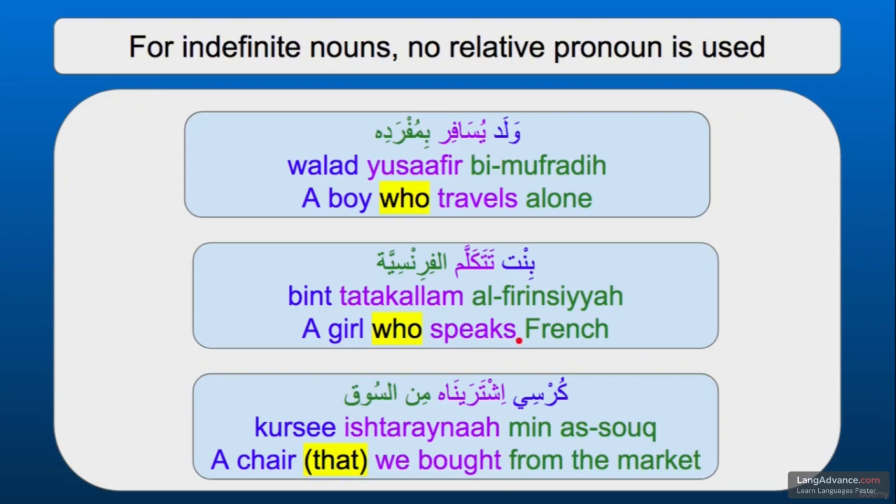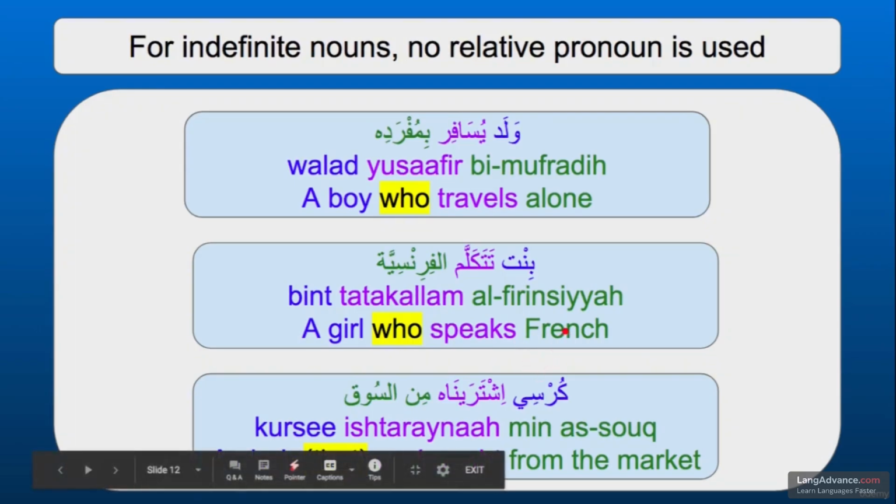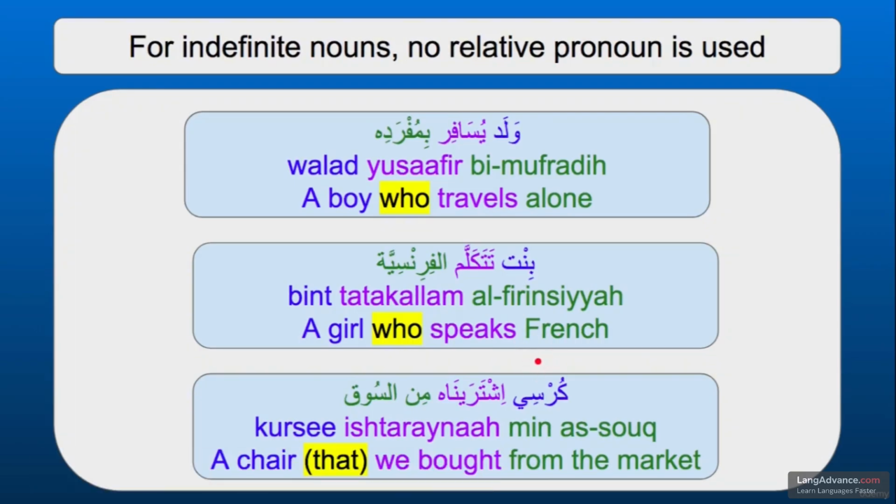And then we have an example for كرسي اشتريناه من السوق, which means a chair that we bought from the market. So in all of these examples we don't say الذي or التي or اللذان or anything. We just don't use the relative pronouns.